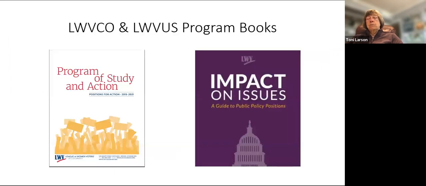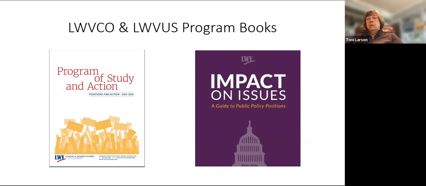These are the two program books that you should have some way or another, either in your iPad, PC, whatever, and or in hard copy. So Program of Study and Action is the State League book, and Impact on Issues is the National League book.